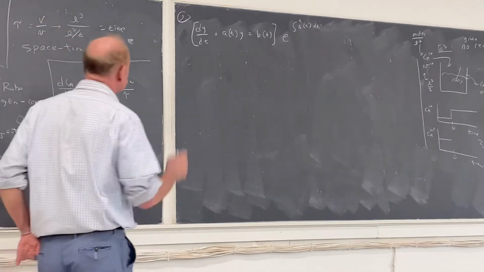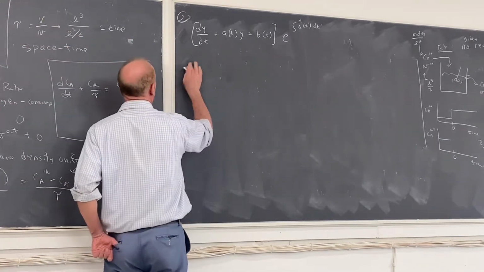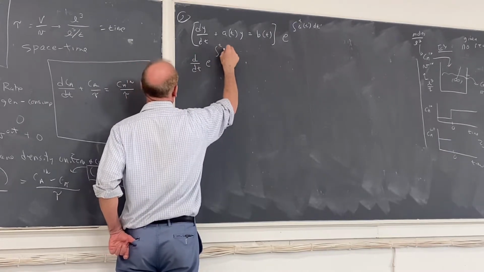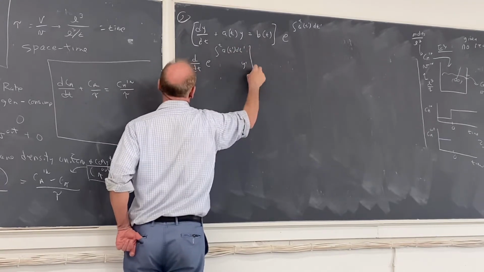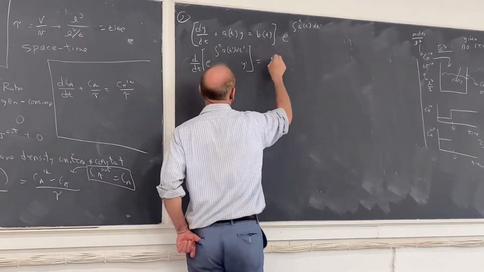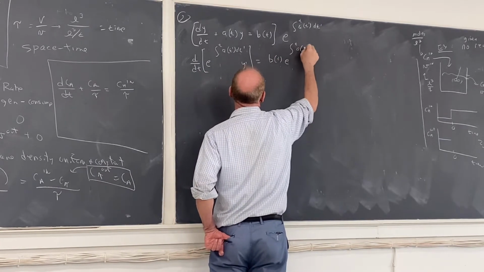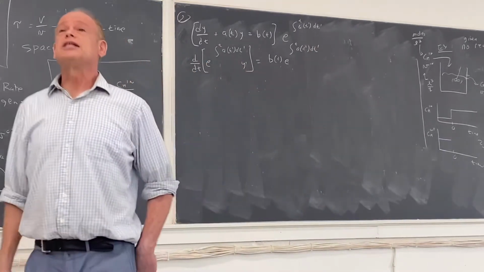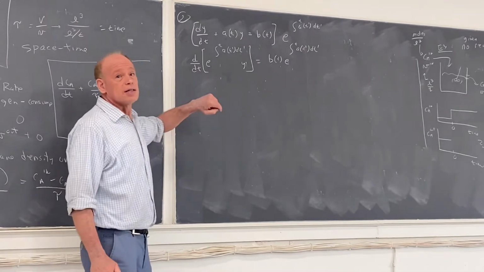If I do that, I want you to notice that the left-hand side of the equation is d/dt of e to the integral of a(t') dt' times y, and the right-hand side is b(t) times e to the integral up to t of a(t') dt'. By multiplying by an integrating factor, I turn this into a total derivative. Let's just check.